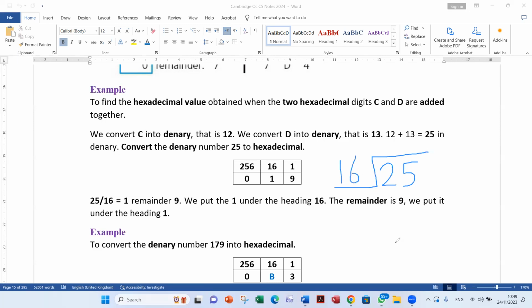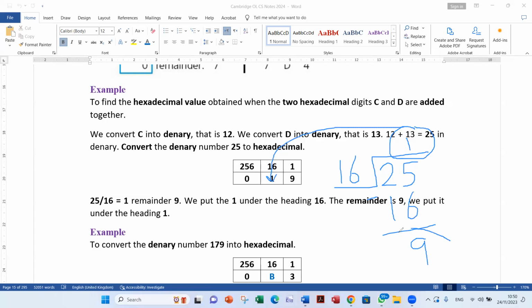How many times does 16 go into 25? This is just 1. 1 multiplied by 16 is 16 here. And when you subtract, the remainder is 9. It is very simple. That quotient, put it here.